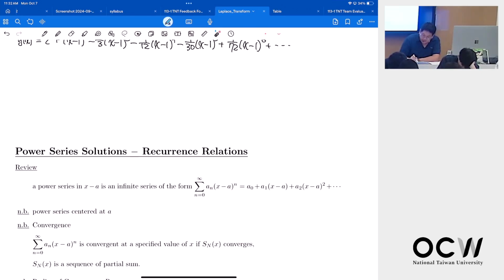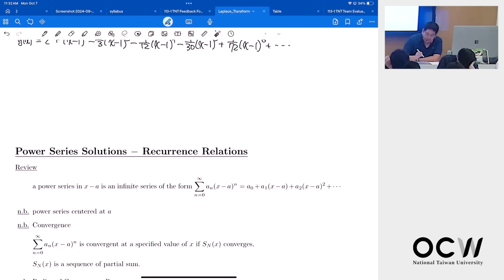So I have a coefficient and x minus a to the n. So if I expand this summation, we have a naught, a1 times x minus a. When n equals 2, I have a2 times x minus a squared. So this is called the power series centered at a. If it is 0, then it's just the power series centered at 0.